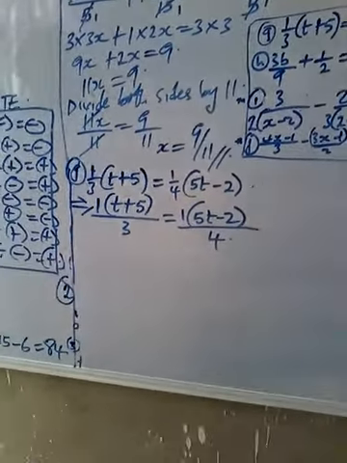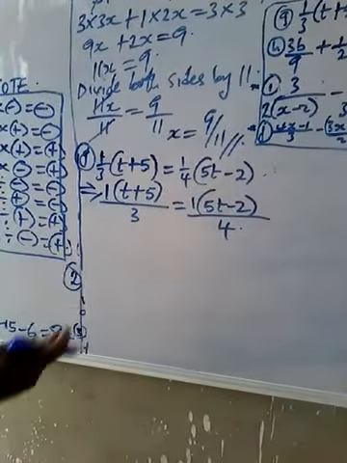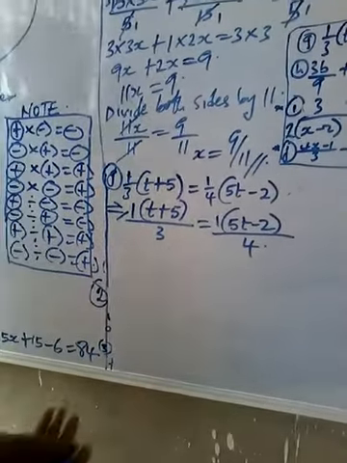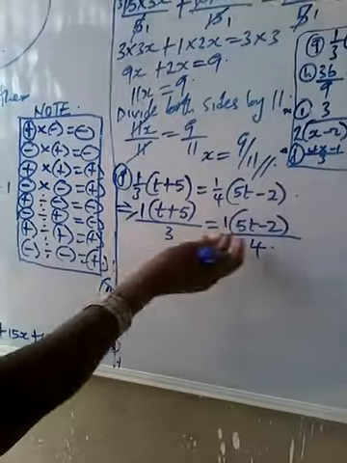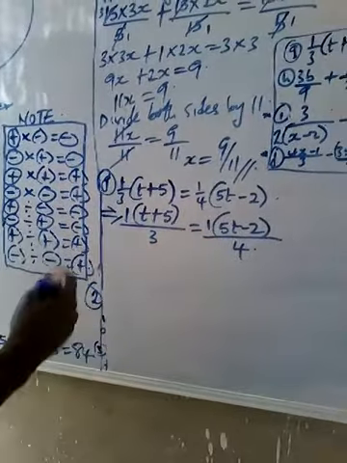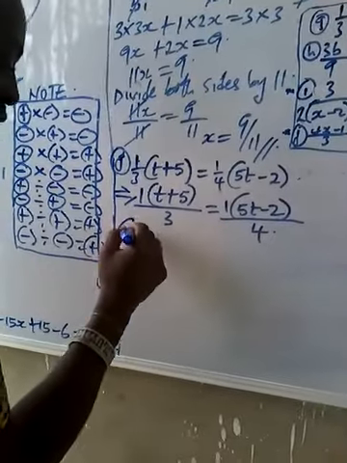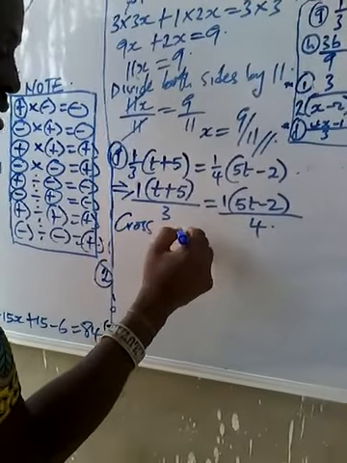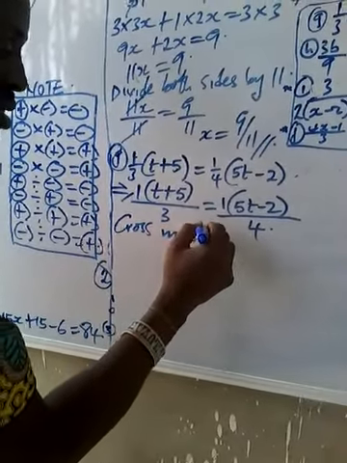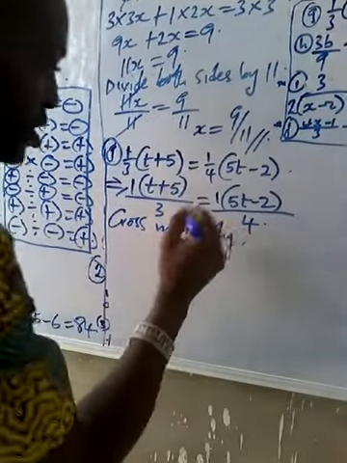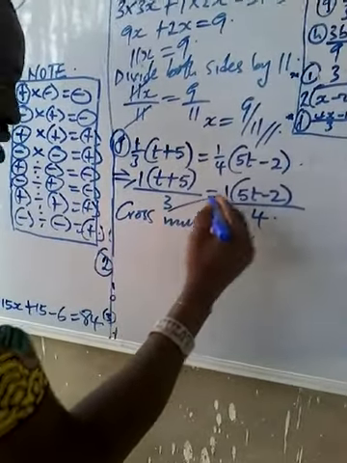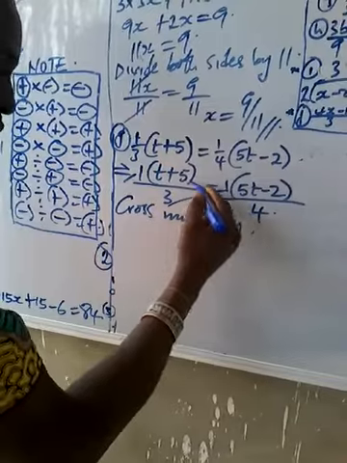Now when you get here, these are two fractions, and when you have two fractions with an equal sign between them, the next thing is you cross multiply. If you cross multiply this, you have this coming to this and this coming to this.